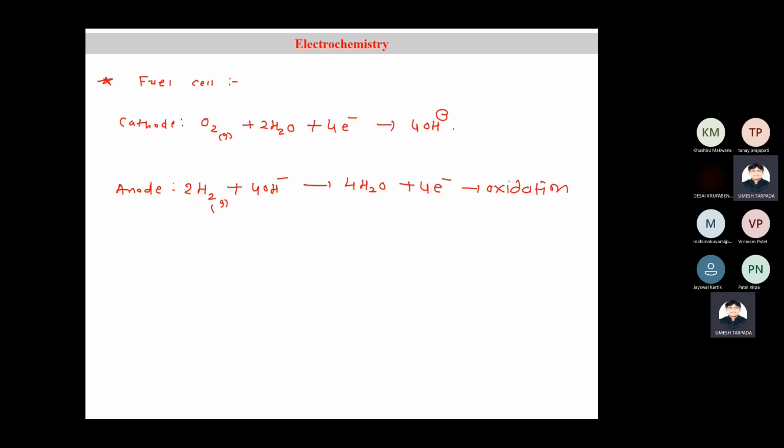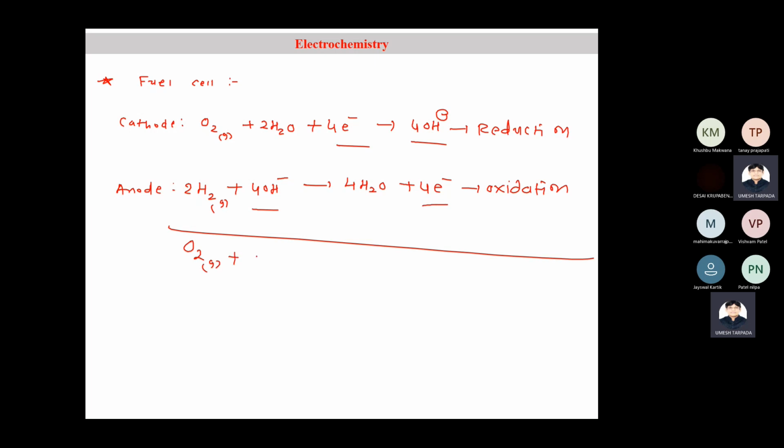Electrons on the left hand side is called reduction. For the overall reaction, OH minus cancels out, 4 electrons cancel out, 2 water molecules cancel out. So it is oxygen plus 2H2 gas gives 2H2O.